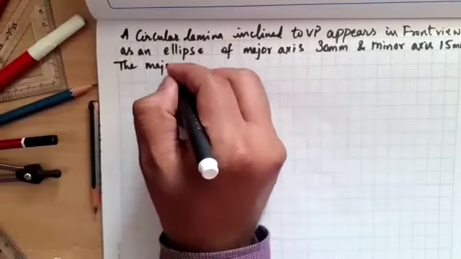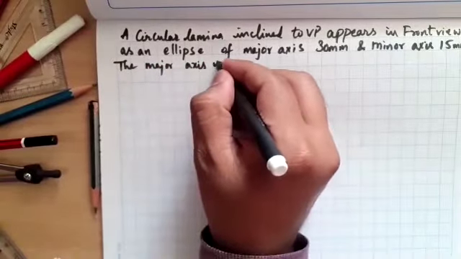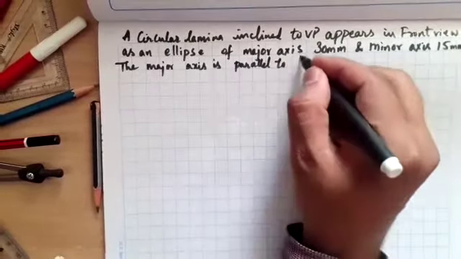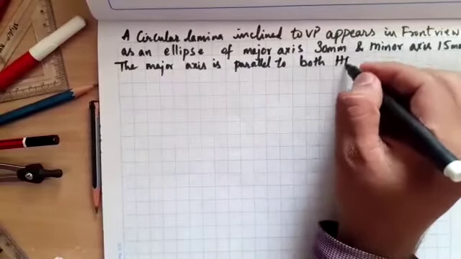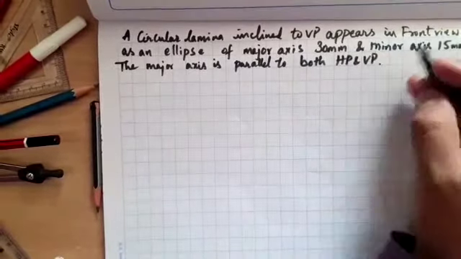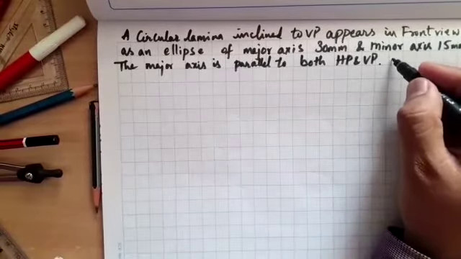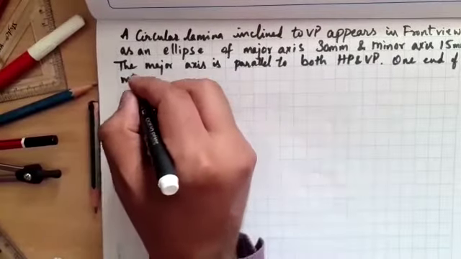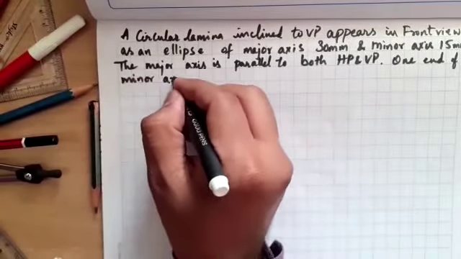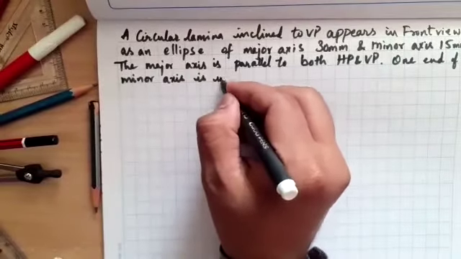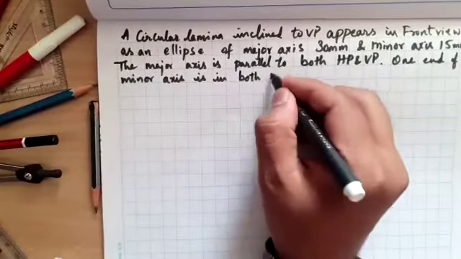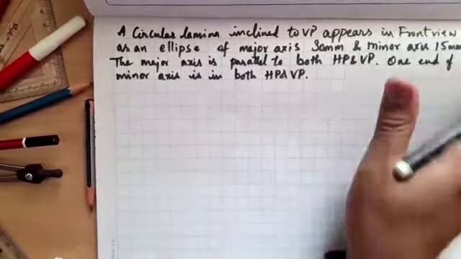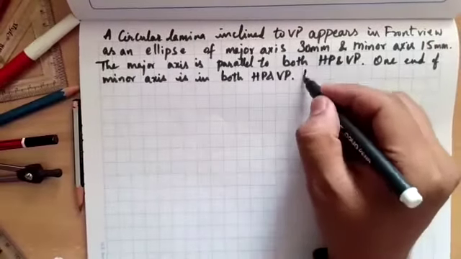The major axis is parallel to both HP and VP. One end of the minor axis is in both HP and VP.